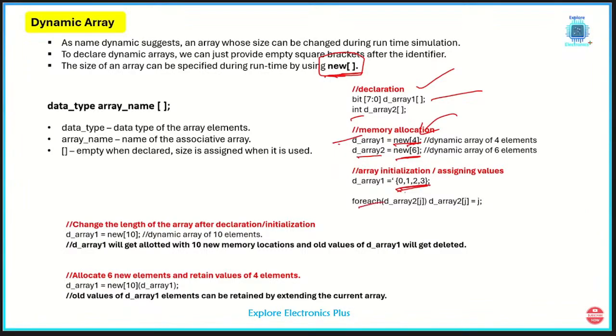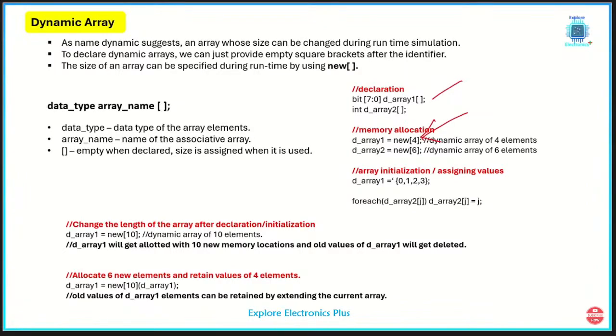You can see for each d_array2 of j, d_array2[j] is equal to j. We can assign j values where in each case it will be incrementing, and it will go until it reaches the depth. And also we can change the size of the dynamic array. You can see in the example, d_array1, which we declared here, will be allocated with the value 4.